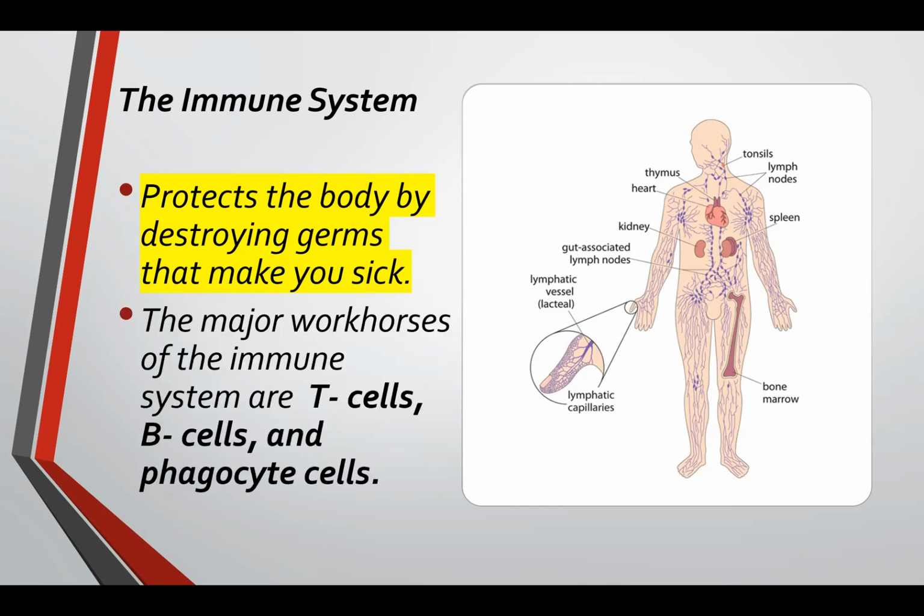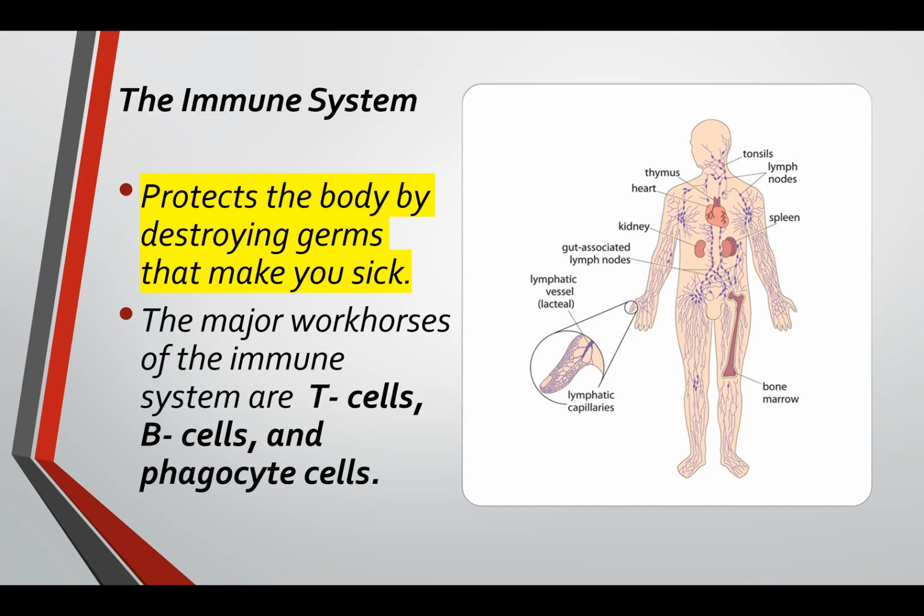Okay, the major workhorses of the immune system are the T cells, B cells, and phagocyte cells. Everybody repeat after me. The major workhorses of the immune system are T cells, B cells, and phagocyte cells.